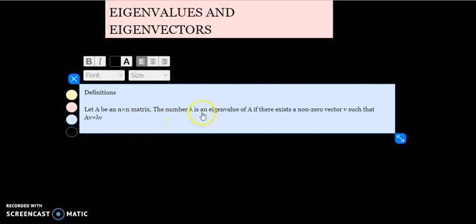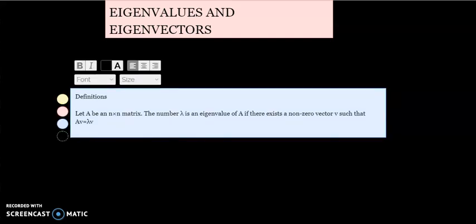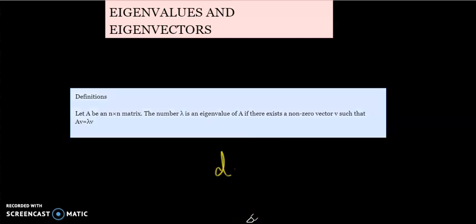So the number lambda is an eigenvalue of A if there exists a non-zero vector V such that AV equals lambda V. So when we compute this, we will end up with the equation: the determinant of A minus lambda I, and this must be equal to 0.